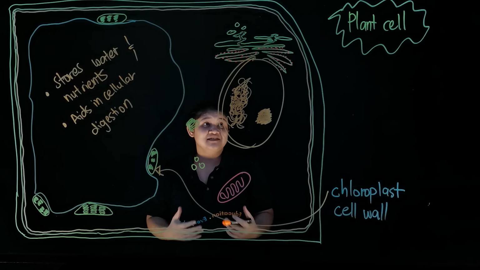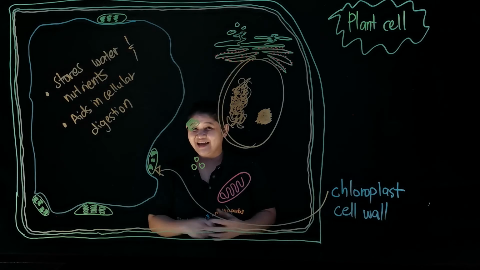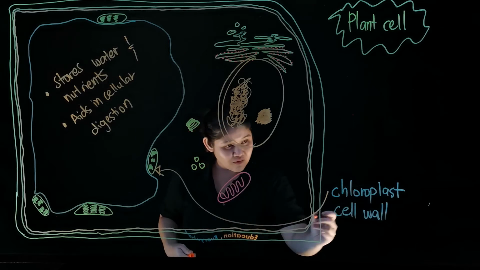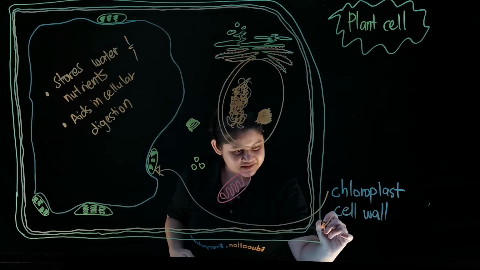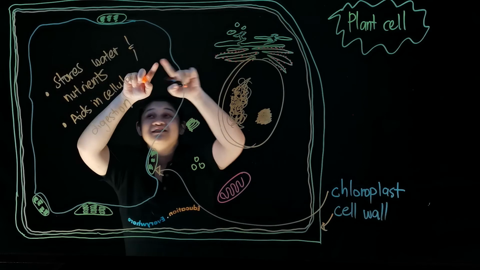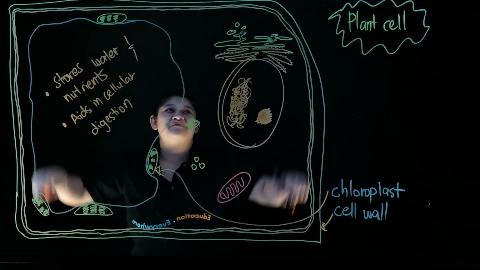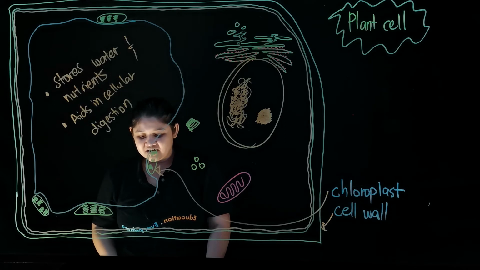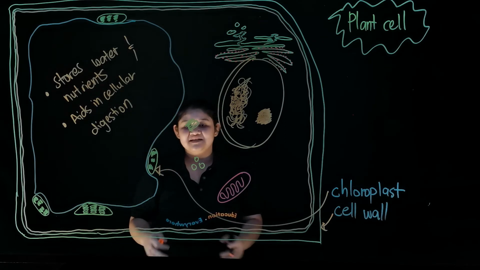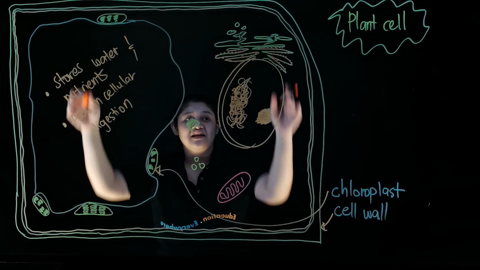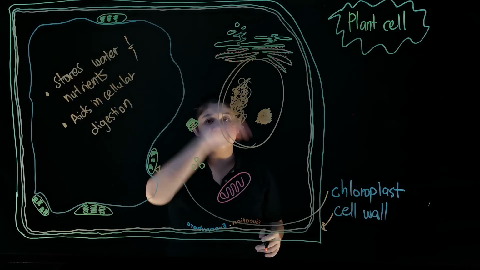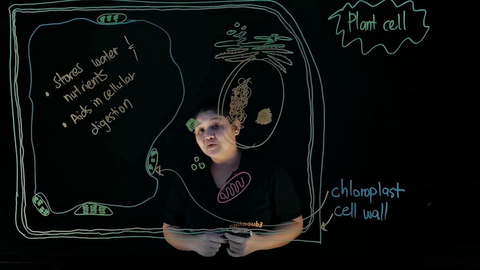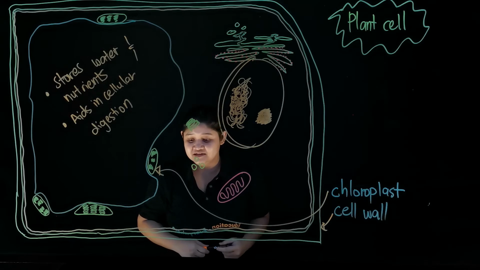The next thing that only plant cells have and animal cells don't have is the cell wall. You can see it has a rigid shape. What it does is protect the whole cell and maintain the cellular balance, or in biology we call it homeostasis.